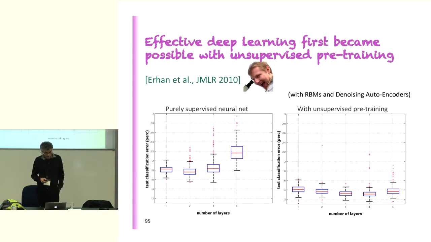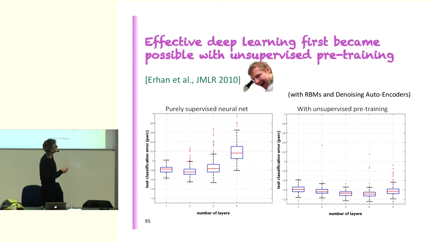In fact, we showed how by using this pre-training of a deep supervised network using RBMs or sparse autoencoders, or denoising auto-encoders, I guess, in this experiment, we're able to get the error to be smaller, but this picture tells us more information. On the x-axis, we have the number of layers.